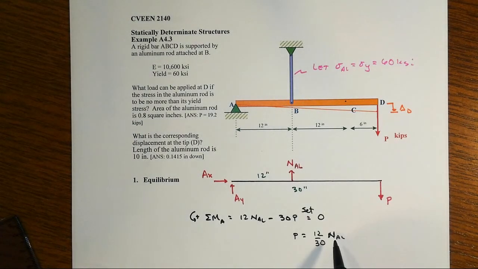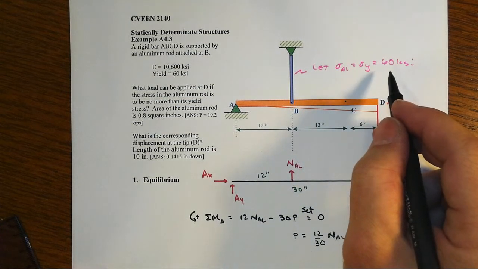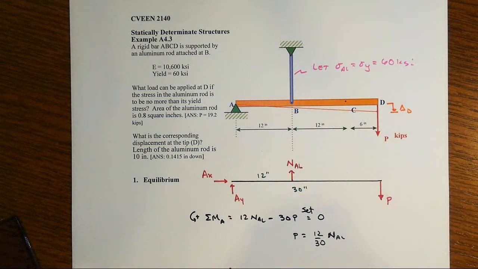axial stress is a specific value. Oh hey, axial stress and axial force are going to be related by sigma equals N over A. Right? Oh, alright, well that tells us also that N is equal to sigma times A. And since we know what sigma is, we can go after it.